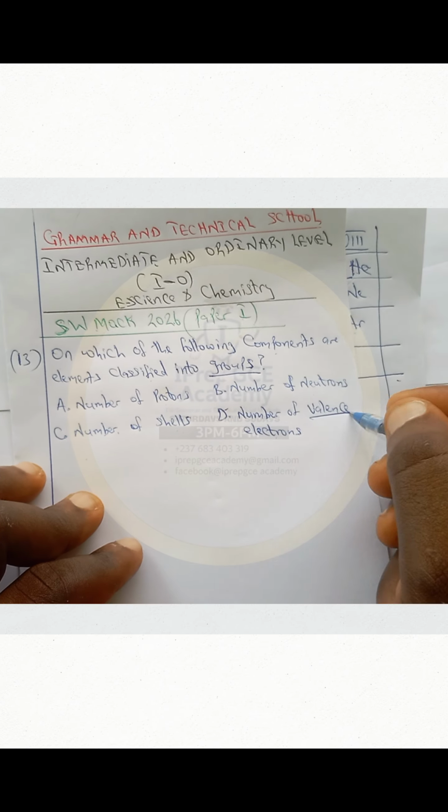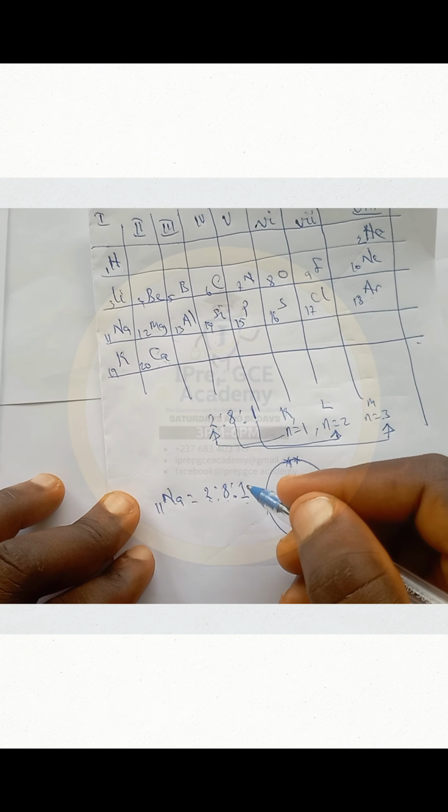What are valence electrons? Well, valence electrons refer to the electrons in the outermost shell. If I come back to the electronic configuration of sodium, which we used earlier, sodium with 11 electrons, we had 2, 8, that's 10 electrons, then 1, that's 11. We can see that the last electron in the outermost shell is this one electron. That's the valence electron.